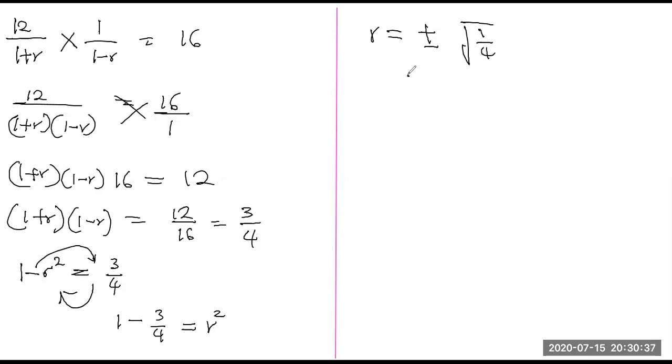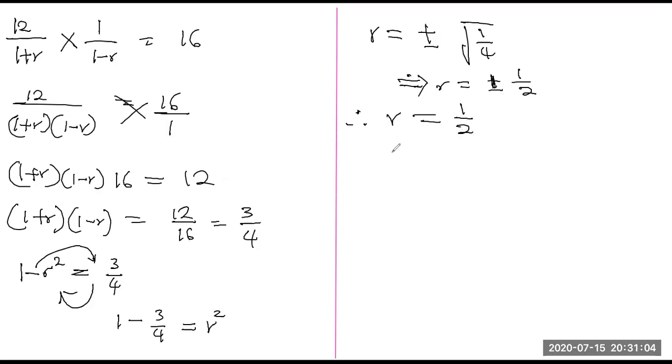Therefore R is equal to plus or minus 1 over 2. But we are told in the question that we are using a positive common ratio. So we remove the negative one and say that the required common ratio is 1/2, the positive answer. We discard the negative one.